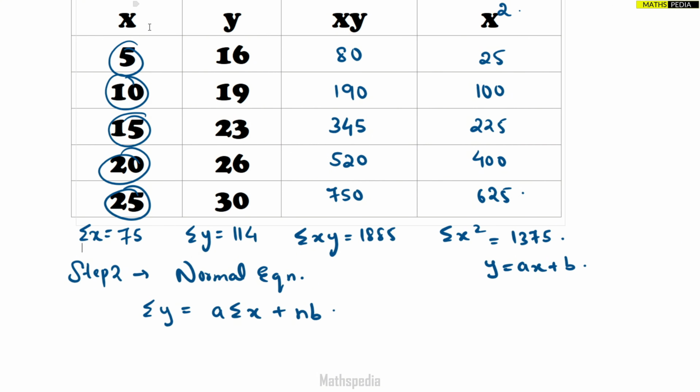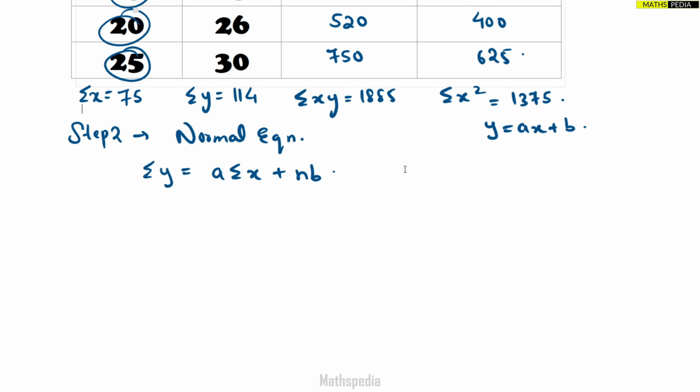n is the number of pairs, the same for x values or y values. So n is equal to 5, already discussed. The second normal equation becomes: summation of xy is equal to a into summation of x square plus b into summation of x. Substitute the values from the first step.